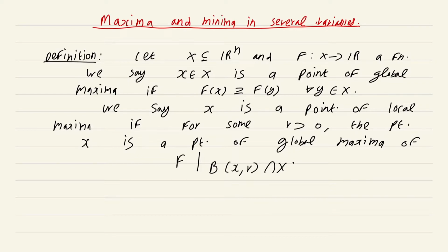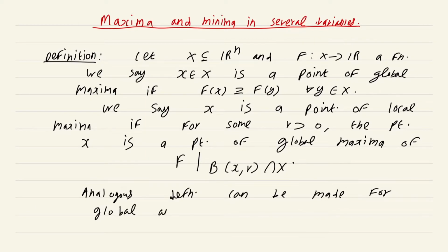Analogous definitions can be made for global and local minima. Exactly similar definitions can be made, and I'm going to leave that to you. Now you would have already solved an exercise in the previous set of lectures when we studied differentiation in Rn.